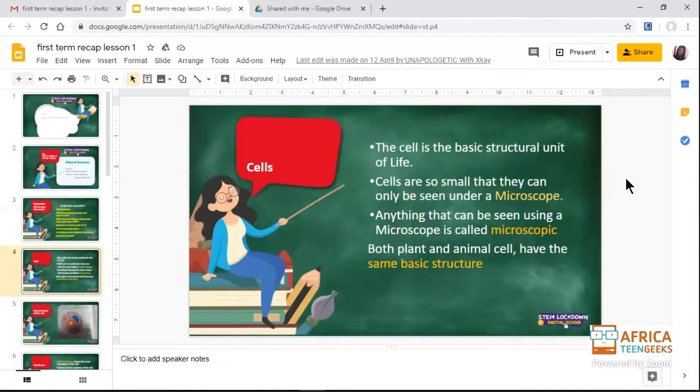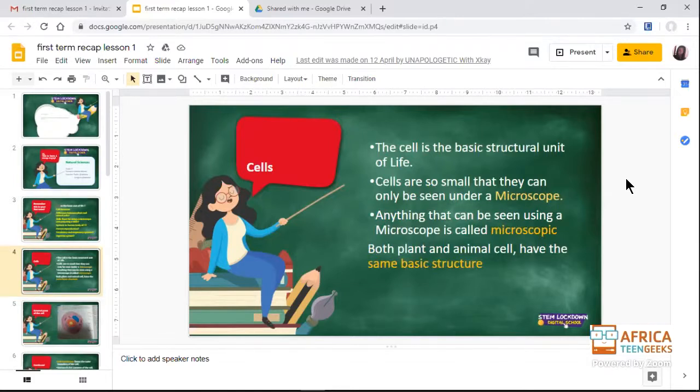If so, that's awesome. So both plant and animal cells have the same basic structure. So all plant cells have the same basic structure and all animal cells have the same basic structure. What do we mean by that? All plant cells have one big vacuole, they have a cell wall, they have chloroplasts, and animal cells, they have an irregular shape, they do not have chloroplasts, they have centrioles or centrosomes.